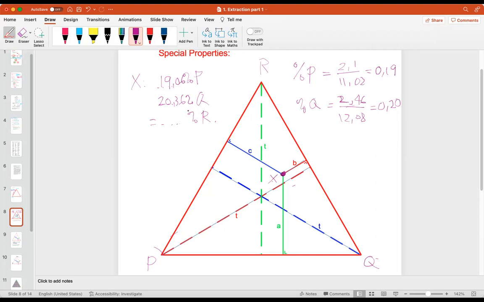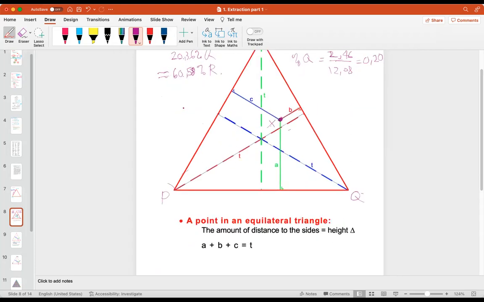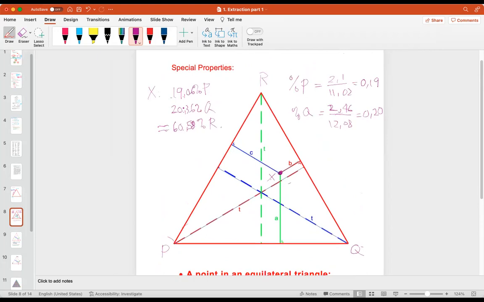It's 60.58. So that is how to calculate the composition at each point inside this triangle diagram.